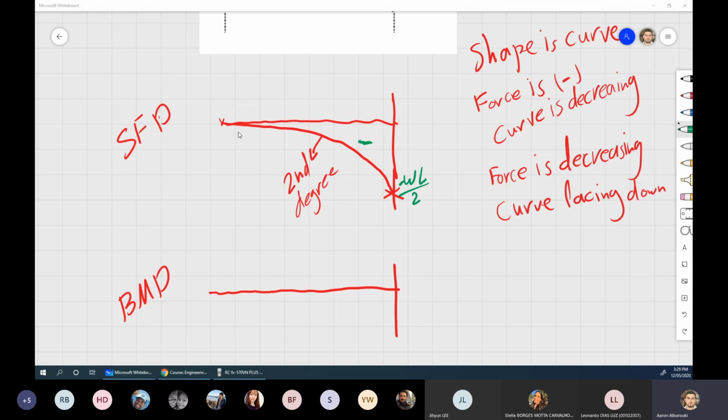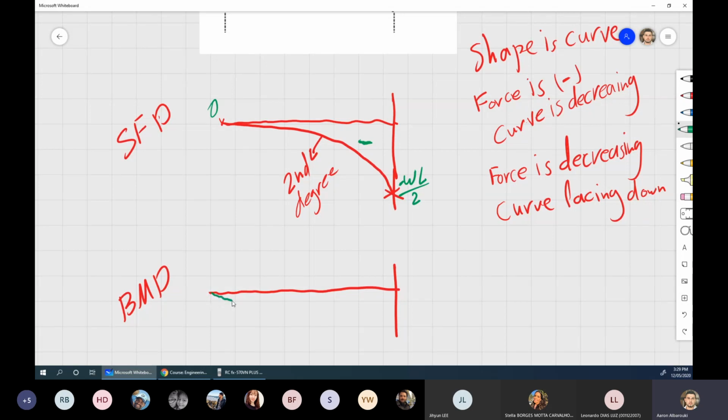Is our value of shear force increasing or decreasing? It started from 0 and went to a negative value. What does it mean? It's decreasing. That means even the bending moment diagram is decreasing or facing down.